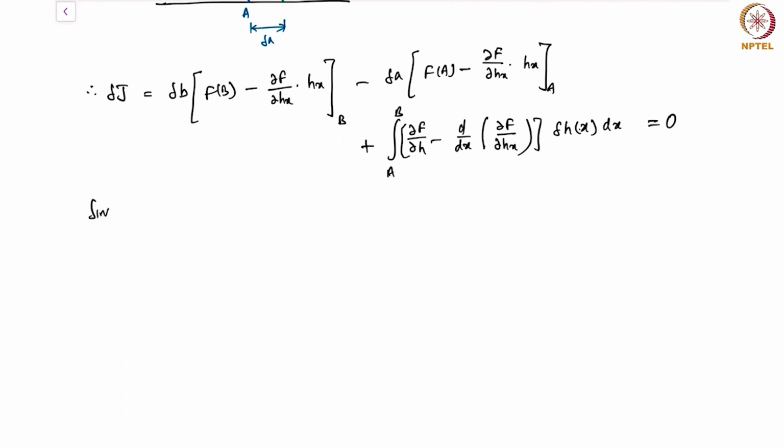Now, since delta J has to vanish for arbitrary variations, the delta A, delta B and delta H, since it has to vanish for arbitrary variations in these quantities, what do we now require?